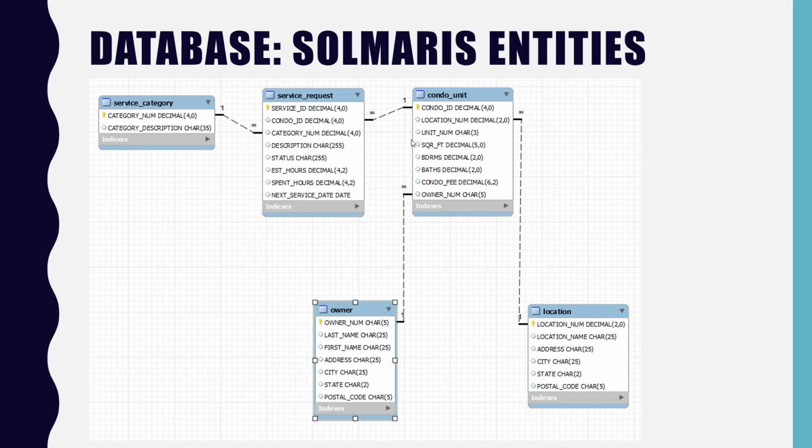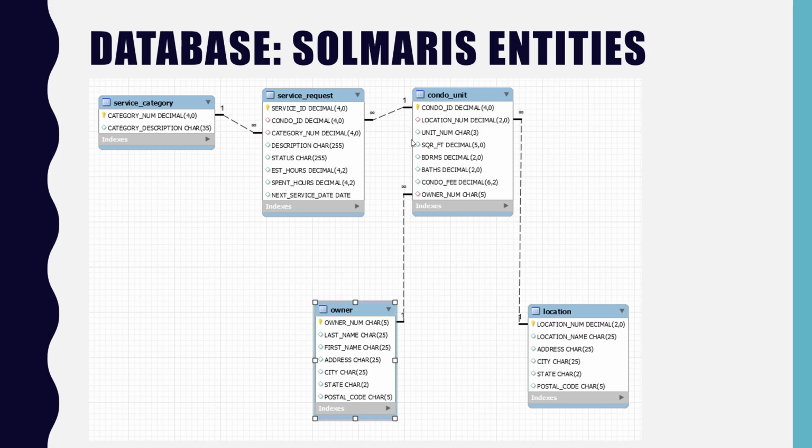Service category, common. So service category to condo unit. One service category can be applied to many condos, right? And one condo can have many service categories being applied to it, okay? But it's a little tricky here because the service category is really not a condo thing.